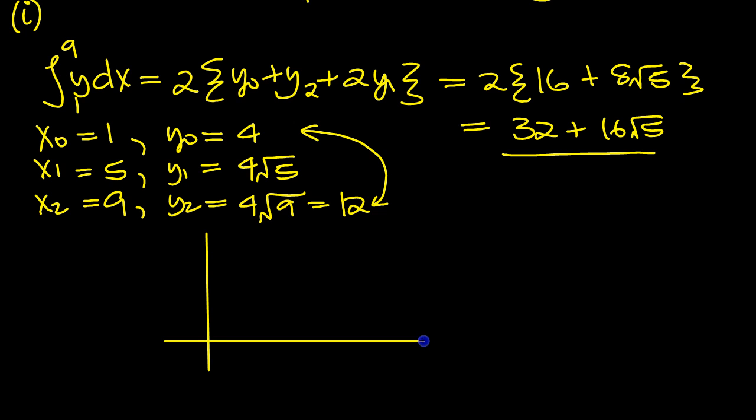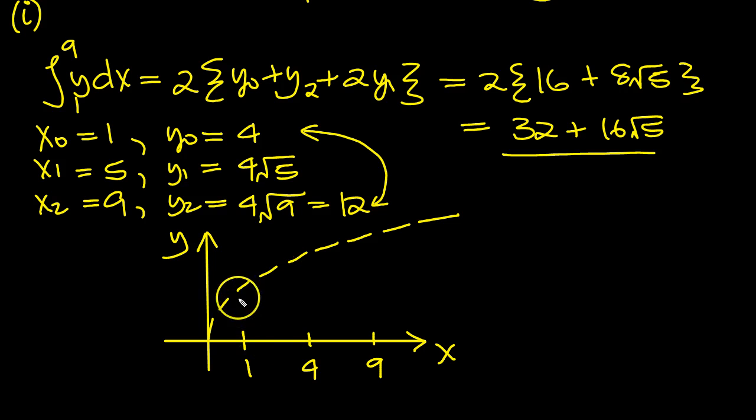And let's have a little look at 4 root x between 1 and 9. So here's 1, here's 4, here's 9. And then I'm going to do a dashed line because 4 root x will look like so. There we go. Now we can drop these verticals here, can't we?